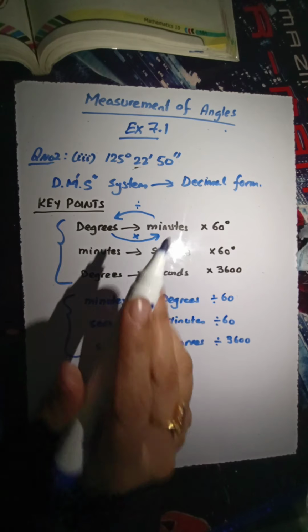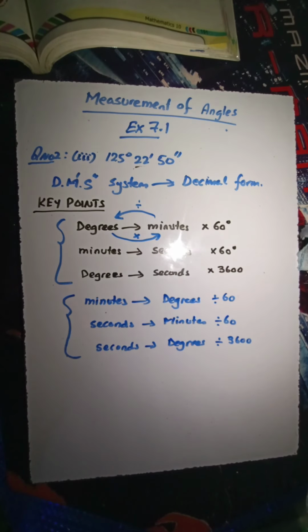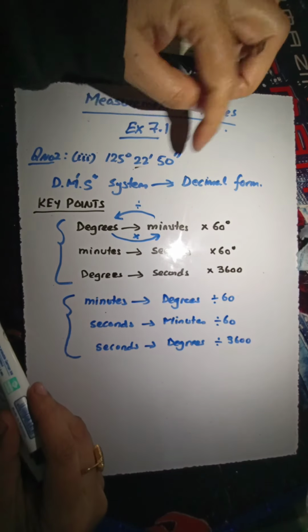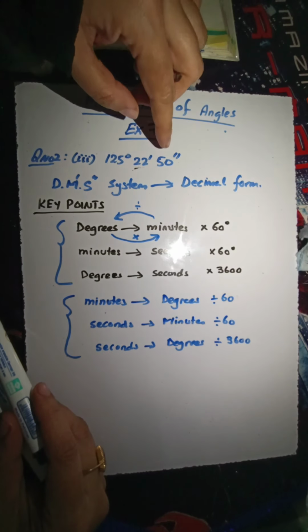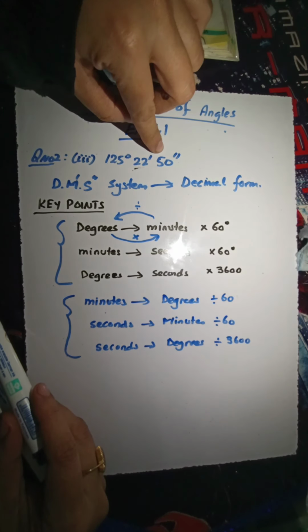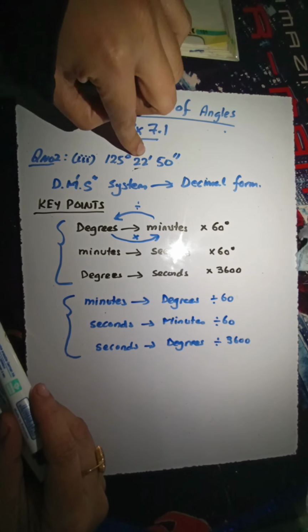Okay, so now in order to convert into decimal form, we are going to convert seconds and minutes into degrees. This is already in degrees, so obviously we don't have to convert it. In order to convert minutes to degrees, I'm going to divide by 60.